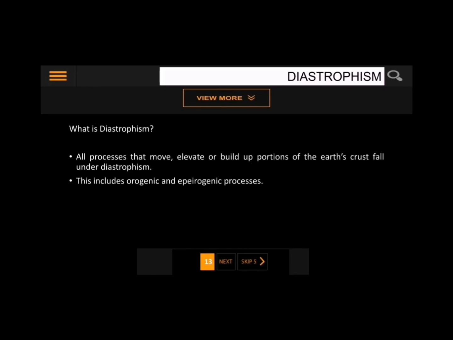All processes that move, elevate, or build up portions of the Earth's crust fall under diastrophism. This includes orogenic and epeirogenic processes.